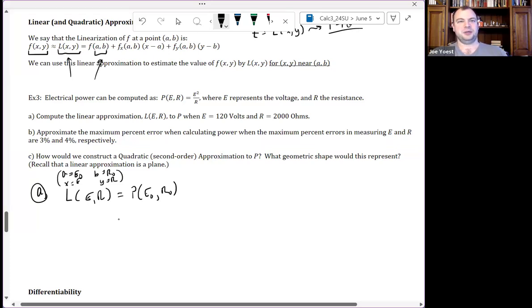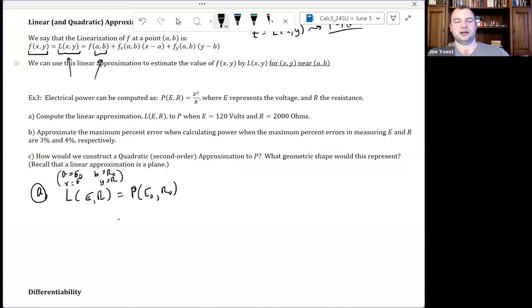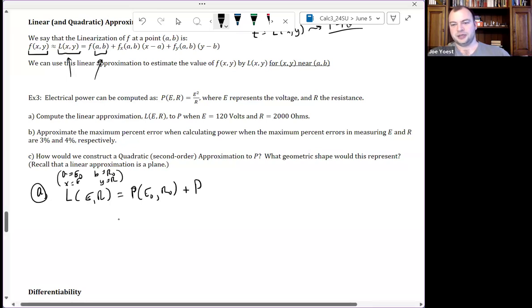So E and R I'm taking to be the variable names, and E₀ and R₀ to be the specific point, (E₀,R₀), where I'm taking the point of tangency to be. So P(E₀,R₀) plus ∂P/∂E at (E₀,R₀) times (E - E₀) plus ∂P/∂R at (E₀,R₀) times (R - R₀).